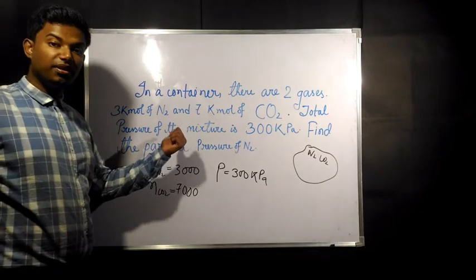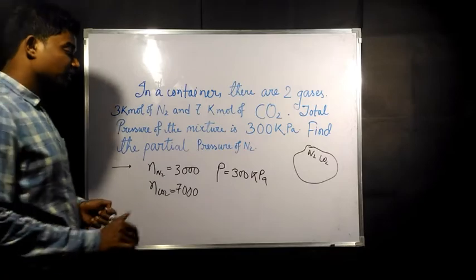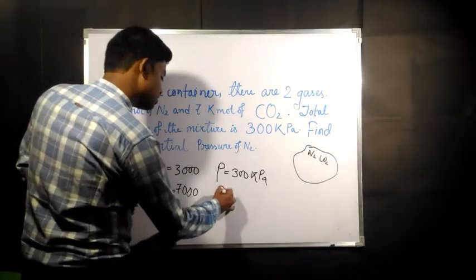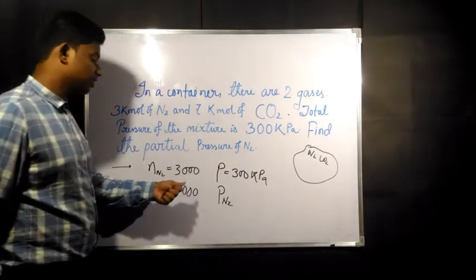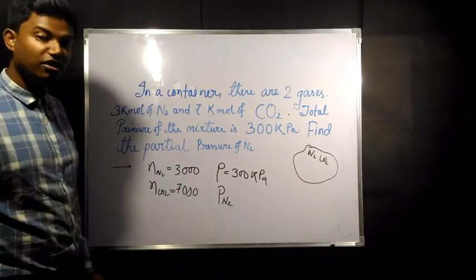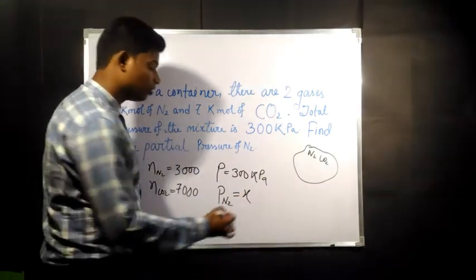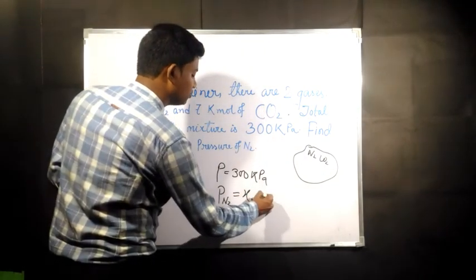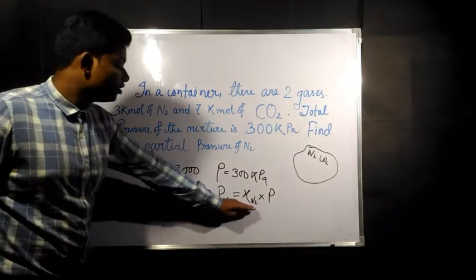From the previous derivation, to find the partial pressure of a particular gas, here nitrogen, we multiply the mole fraction of that gas with the total pressure. Now what is going to be XN2?